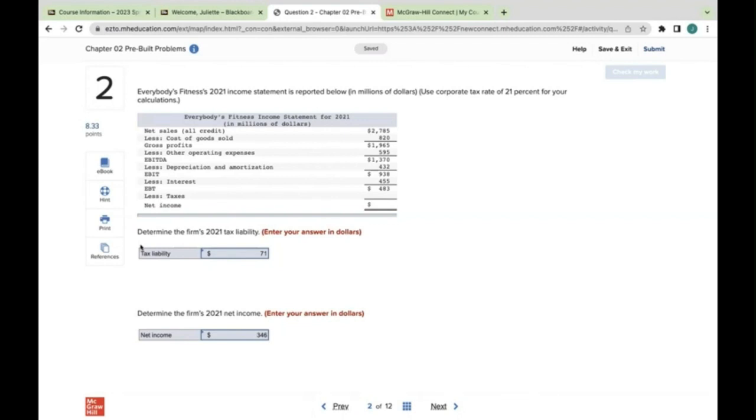You have to get rid of interest first, because if you apply 21% to EBIT, then you are paying taxes even on your interest. It doesn't make any sense to pay taxes on your interest, because interest is not your income. Interest is your business expense.